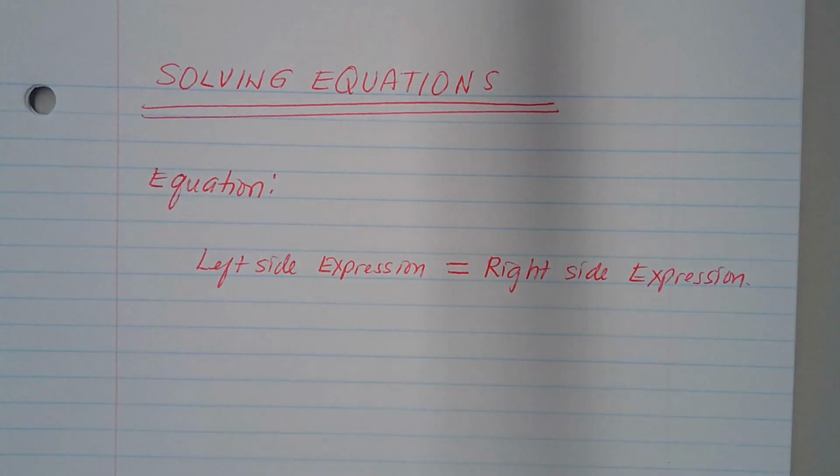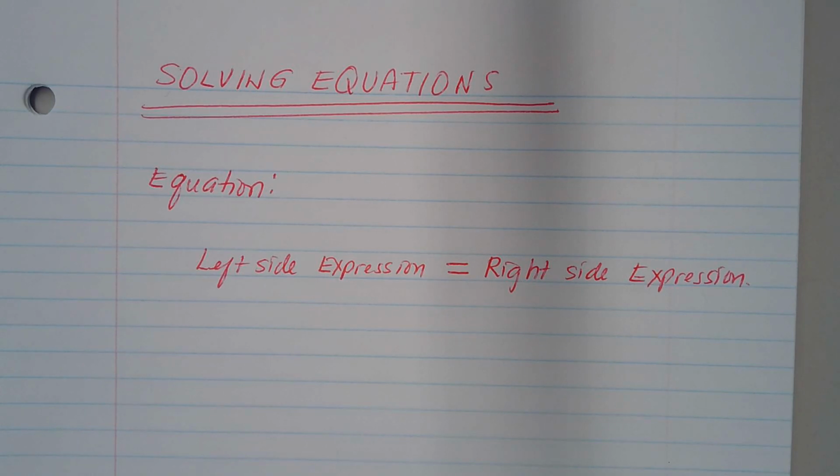Okay? So in an equation, it's going to be a balance. The left side should always equal or balance with the right side. So in an equation, there's a balance on the left and on the right.